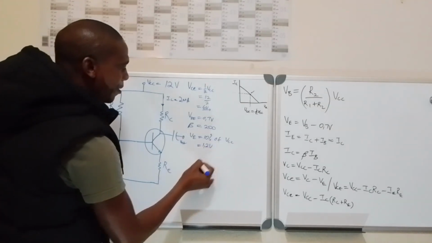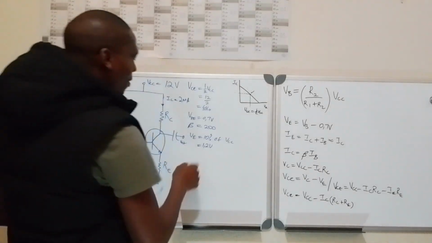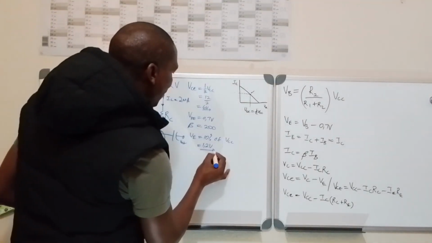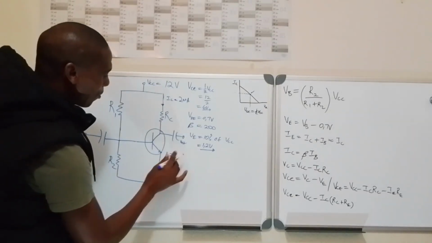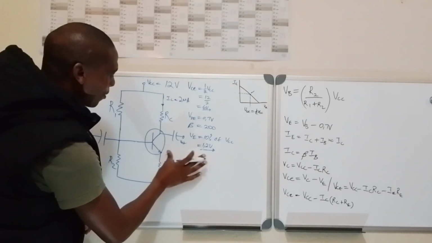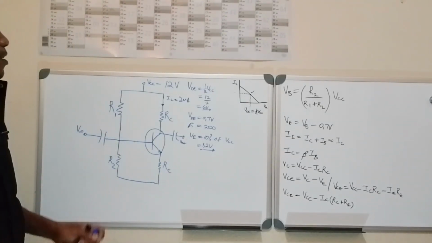It's 1.2 volt. So we already have VE equal to 1.2. Oh, it's written here, so let's leave it this side. So now we know VE, IC, VBE, VCE.